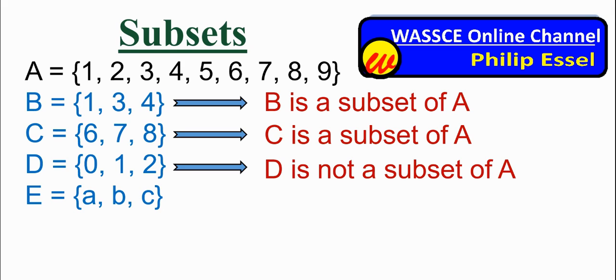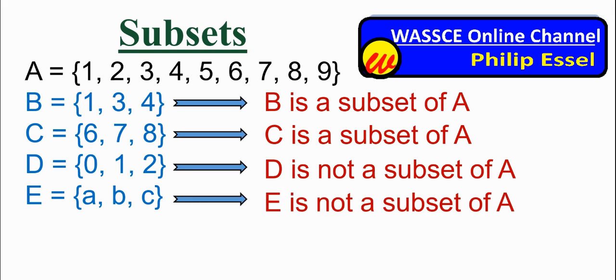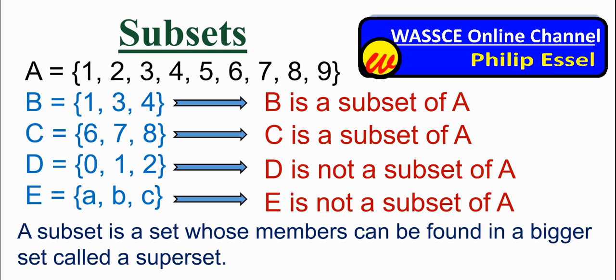None of its members can be found in set A. So, E is also not a subset of A. With these examples, let's repeat the definition of a subset. So, a subset is a set whose members can be found in a bigger set called a superset.